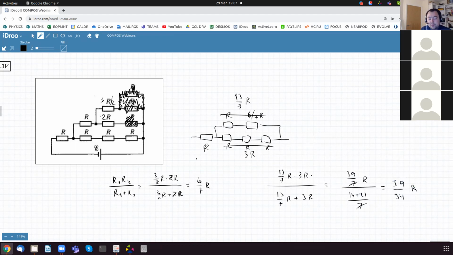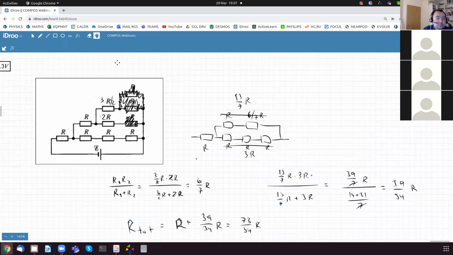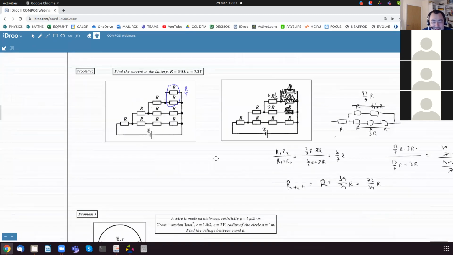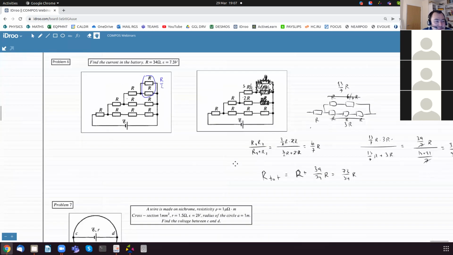Okay, and plus 1, so it's 39 plus 34. The total resistance is R plus 39 over 34R, which is 73 over 34R. And the numbers will tell us whether we did it correctly.